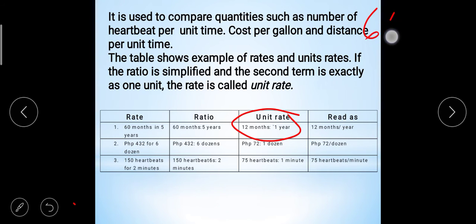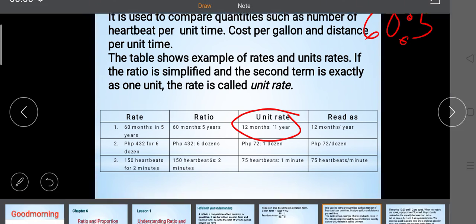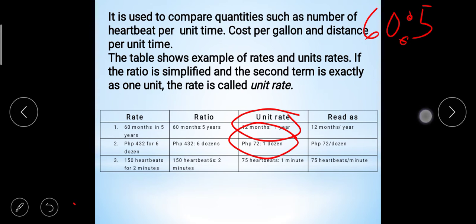We have 60 is to 5. The common factor for 60 months and 5 years is 5. So, kaya nung dinivide natin siya or na-simplify natin siya, nagkaroon tayo ng 12 months and 1 year.